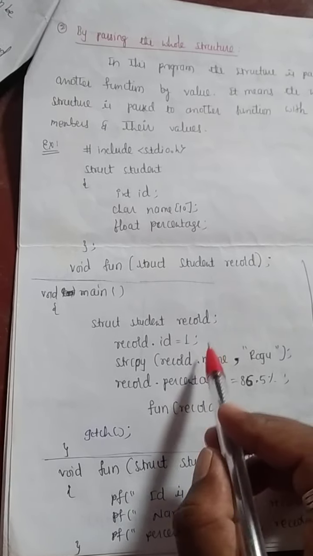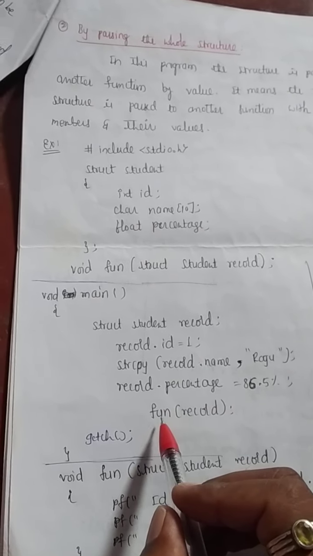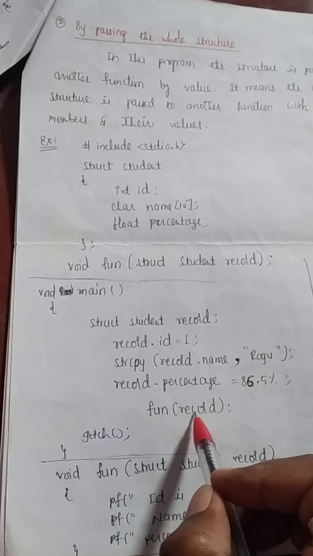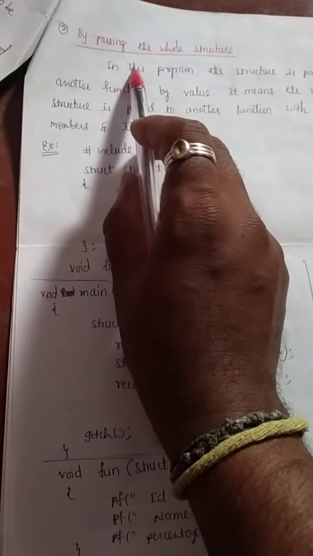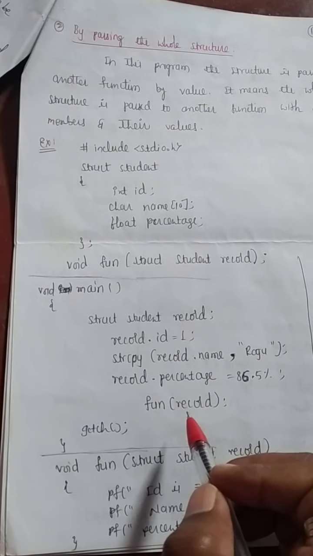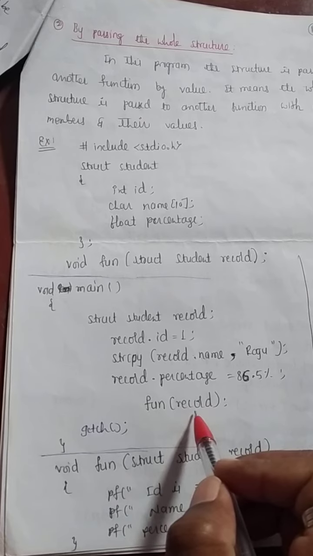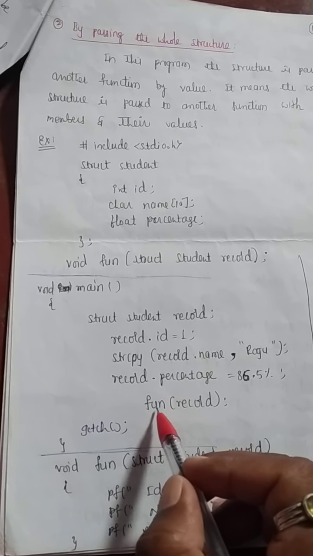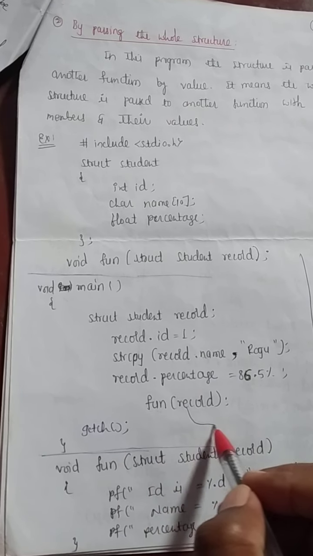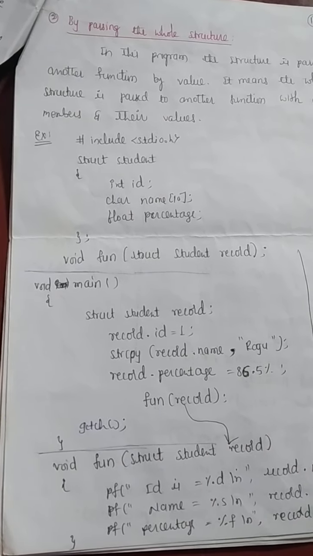Once I have this, I can call the function. Now I am calling a function called fun of the structure variable called record. What is the topic we are discussing? We can pass the whole structure as a parameter. So I am passing this structure variable as a parameter to the function. When I pass, this is sent to the sub function, correct?